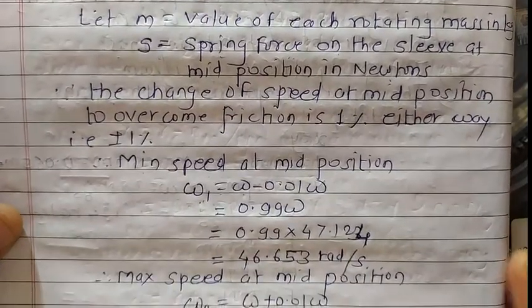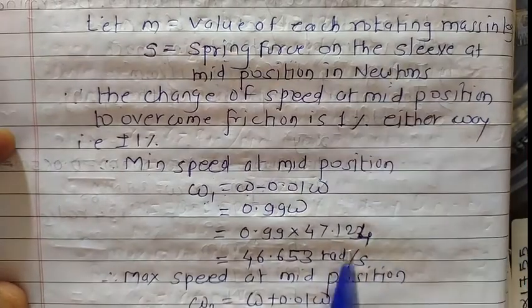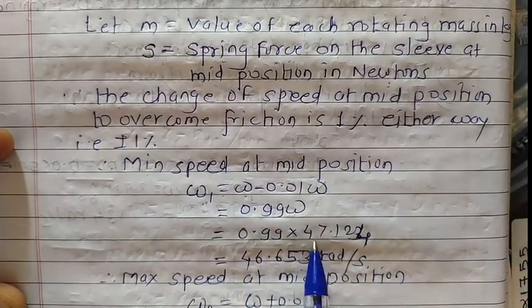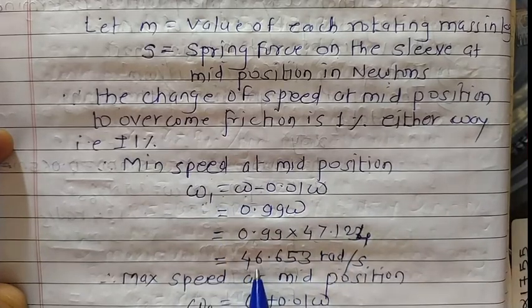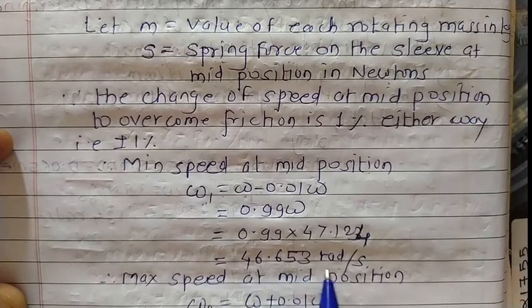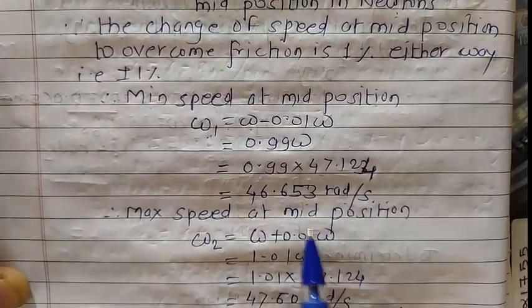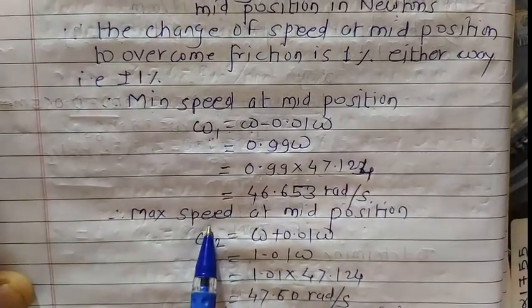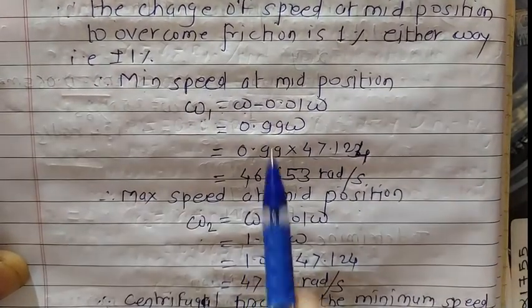By further simplification, we get 0.99 multiplied by the value of omega, 47.124. Simplifying this, we get omega 1 equals 46.653 radian per second. Now at the same position, the mid position, we get the maximum equilibrium speed, omega 2.